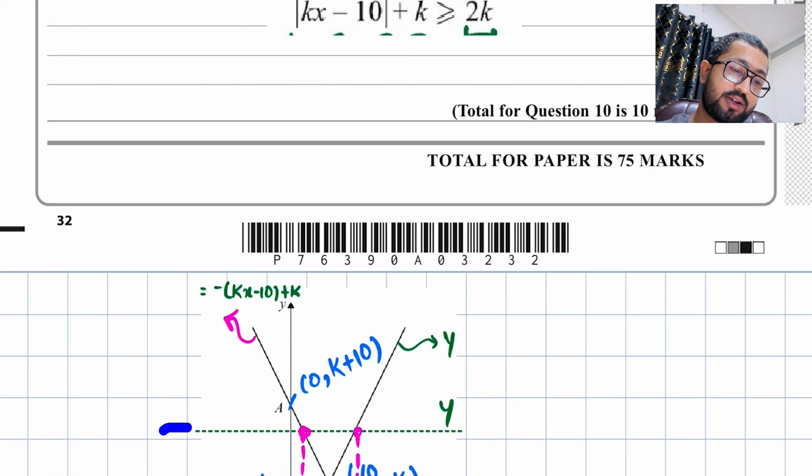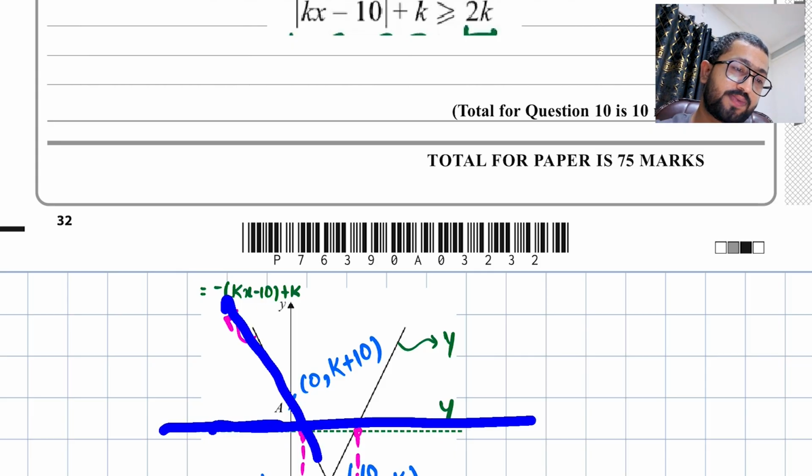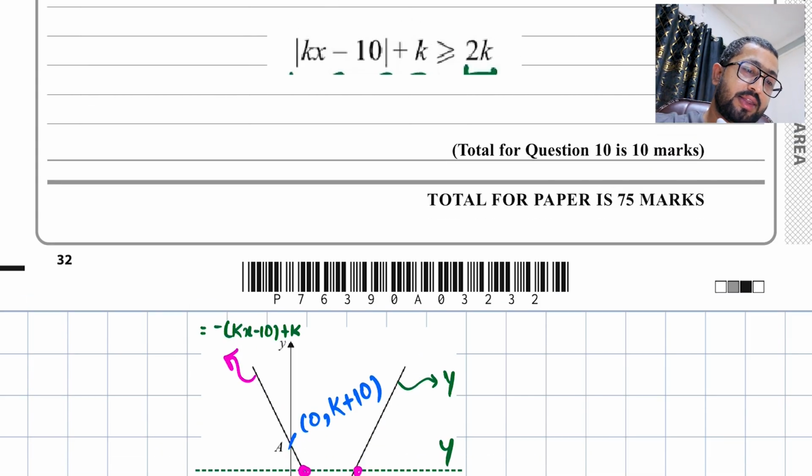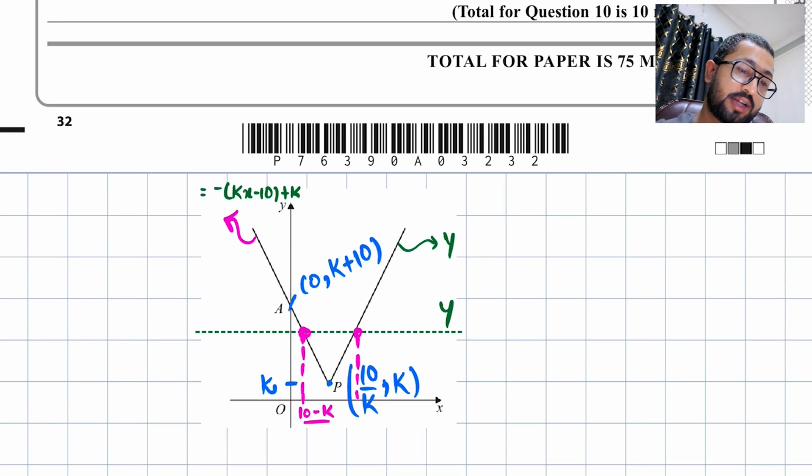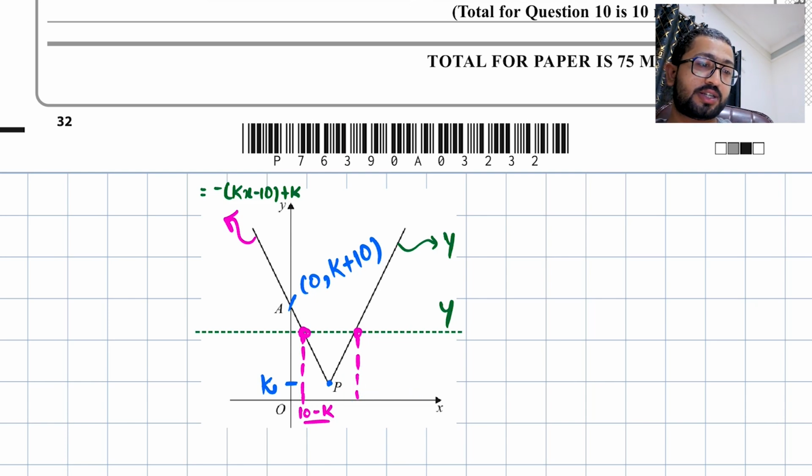Alright, so this is our horizontal line and this is our modulus function. That is the graph of the modulus function which is greater than. Greater than means above area. Alright, so let's stand up. Now we have to stand at the point of intersection.